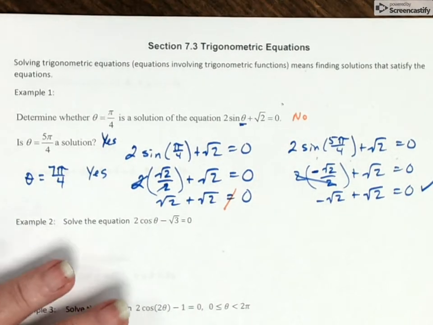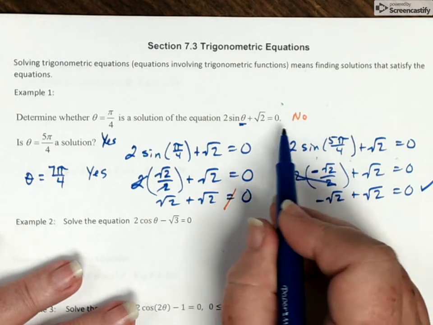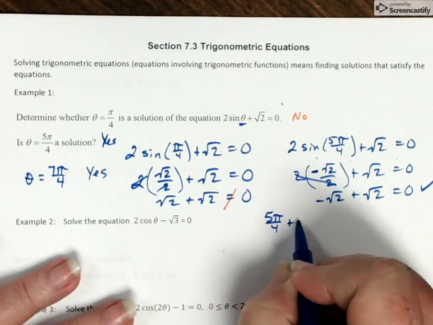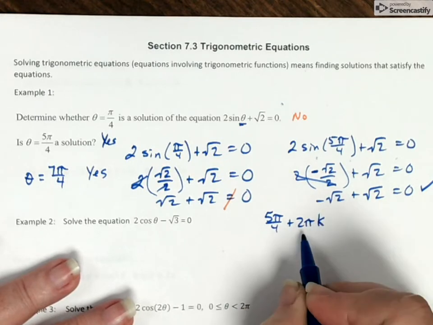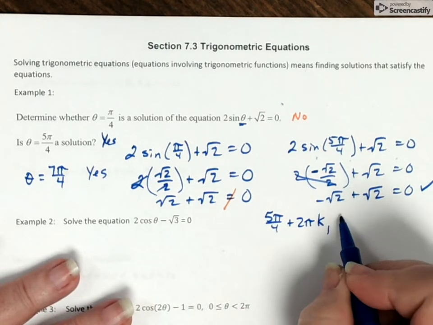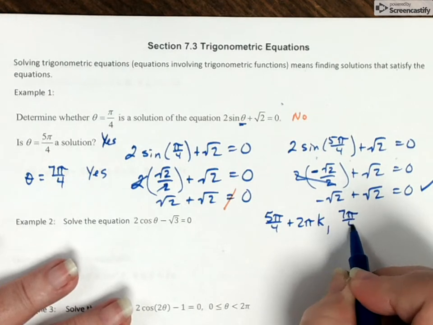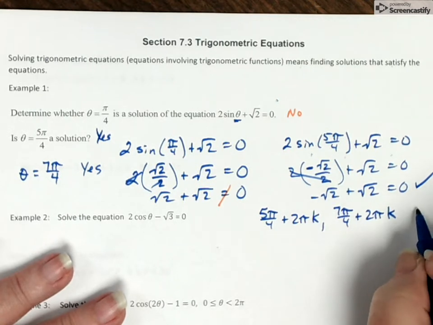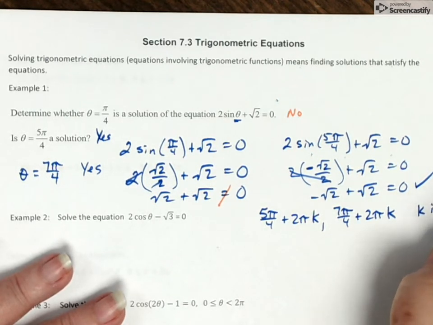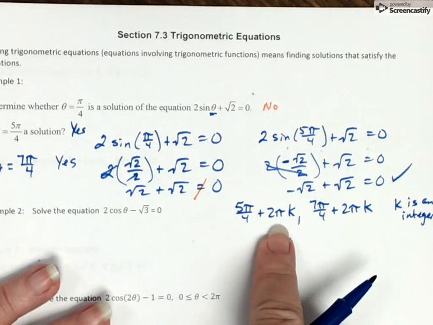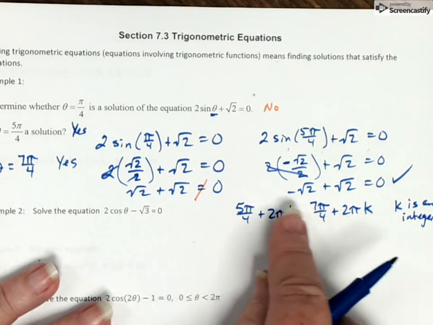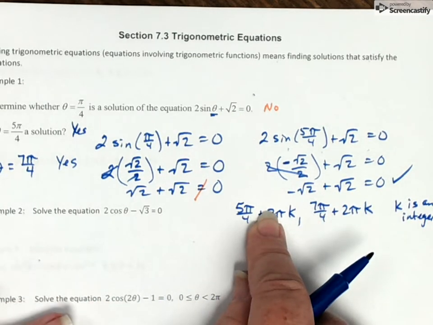So the general solution of what would make this equation true would be 5 pi over 4 plus its coterminals, every single one of them, and 7 pi over 4 plus its coterminals, every single one of them, when k is an integer. That's called the general solution to an equation, when you list every answer that could possibly be.